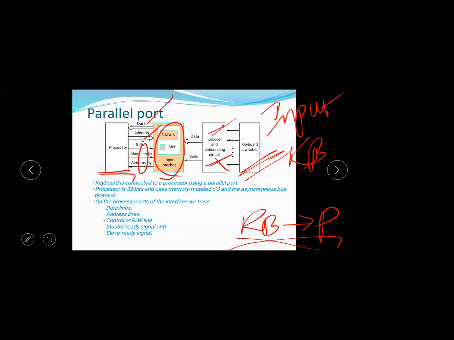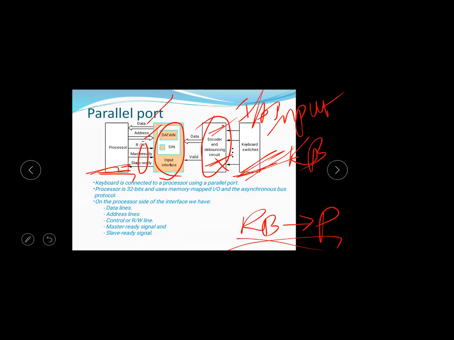Okay, this is the input device, and these are the debouncing circuit and encoder circuit to encode the address. Between the device and the processor we have to place the interface circuit.